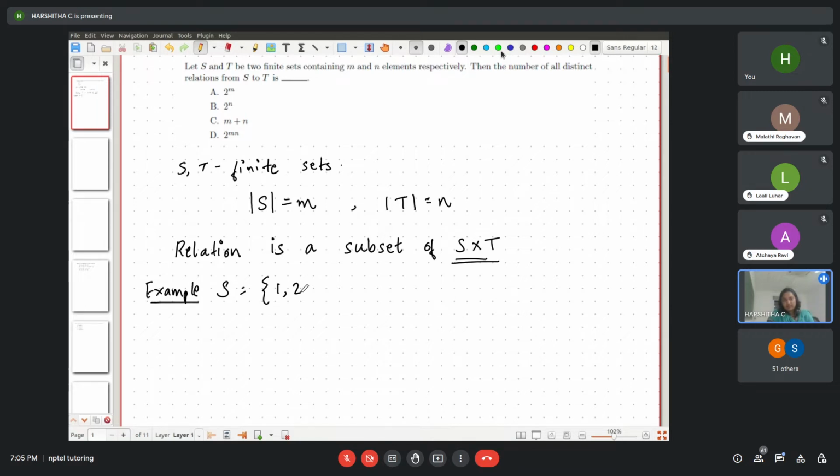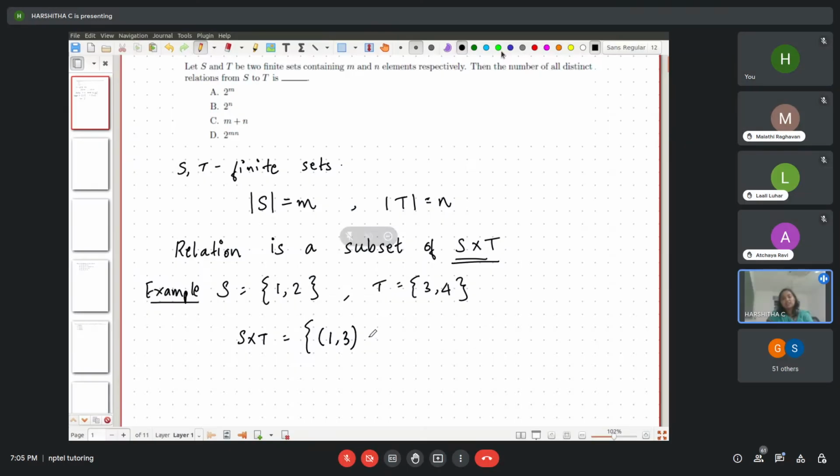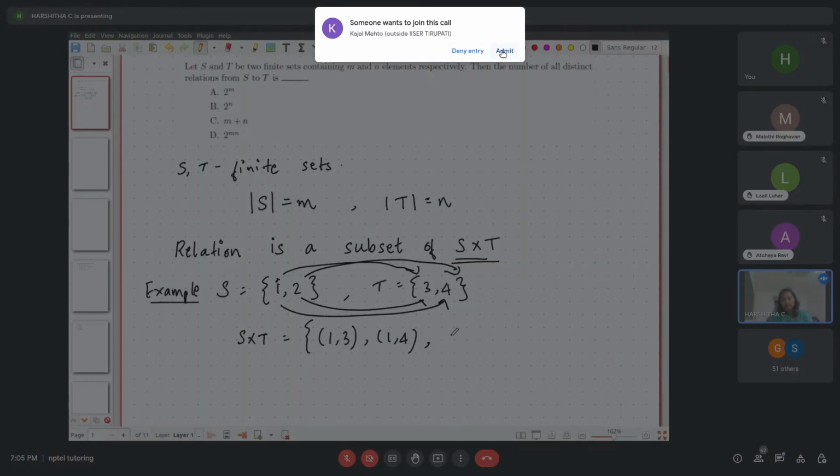Let's say S is {1, 2} and T is {3, 4}. S cross T is all tuples where the first term comes from S and the second one comes from T. So you have 1 with 3, 1 with 4, and the other possibilities, 2 with 3, and 2 with 4.